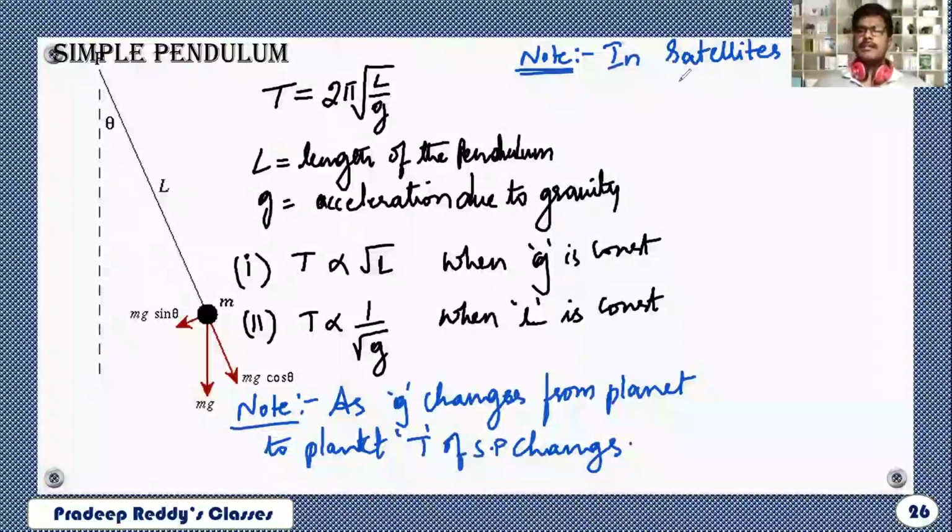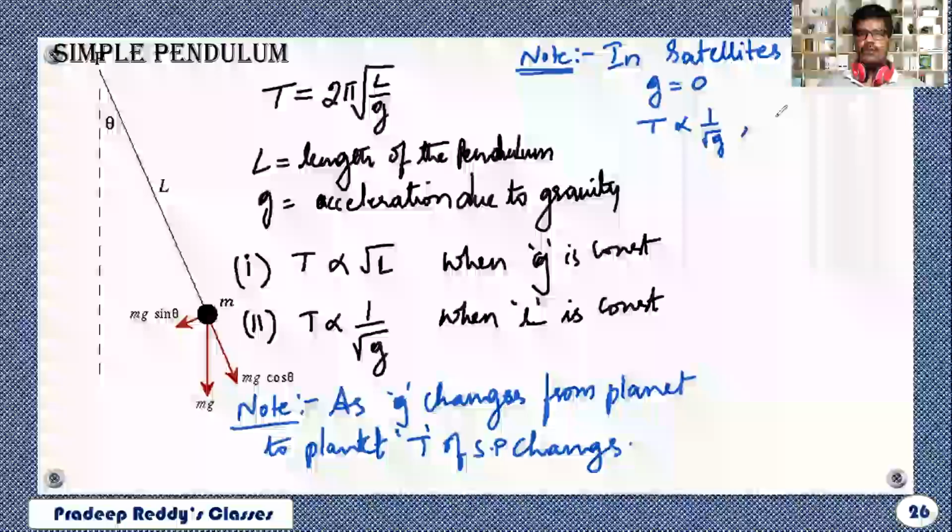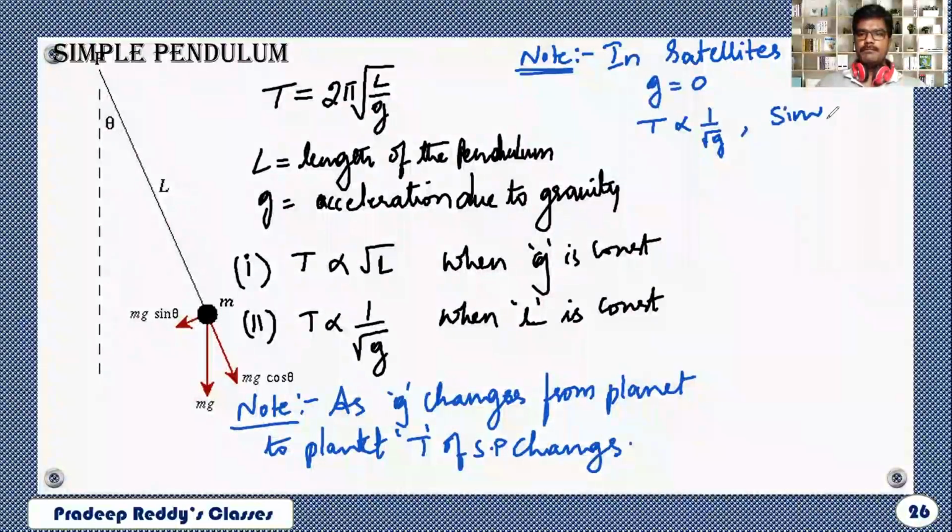As we know, a satellite will be revolving around the earth. So when a satellite is revolving around the earth, G, acceleration due to gravity, is equal to 0 for satellites. Therefore, time period is inversely proportional to root G. Therefore, simple pendulum does not oscillate in satellites.